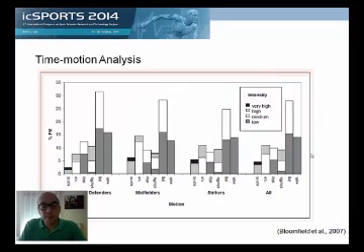In a quick example, the time motion analysis of the teams of Premier League games during one season revealed that players of different positions showed different intensity of displacement. Today, it is possible to capture this data during the game and also in the training sessions to compare the requirements of the training tasks with the requirements of the game.